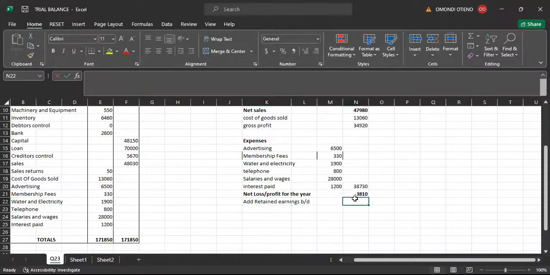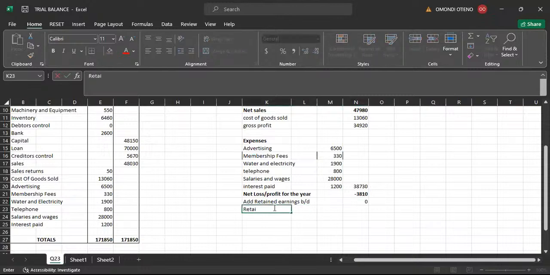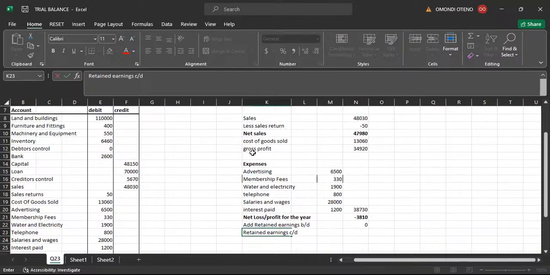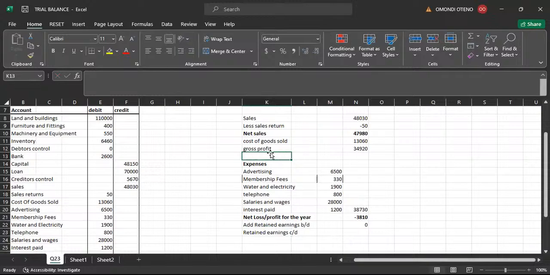For our case, it is 0, so that we get what we call retained earnings carried. Discount received, that's an income, so we could have placed it under other income, maybe below gross profit, to get total income. Could have placed it up here.